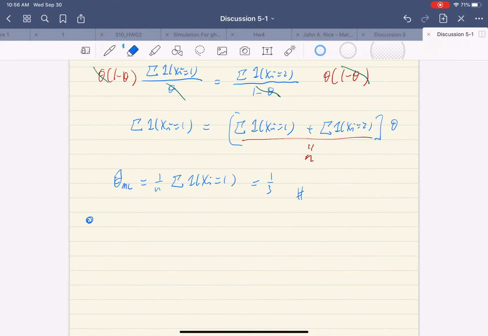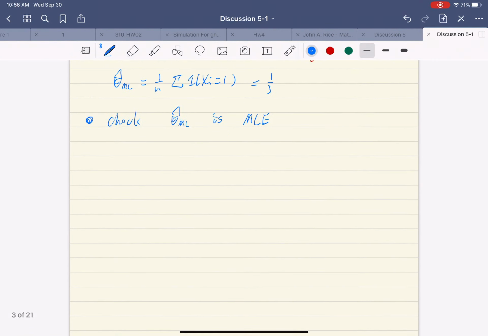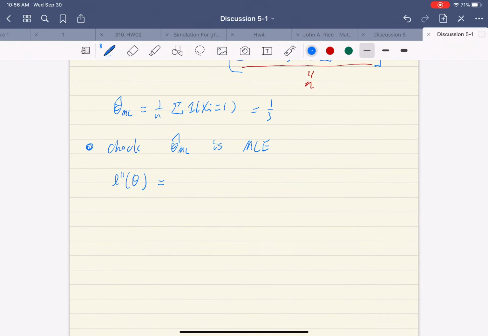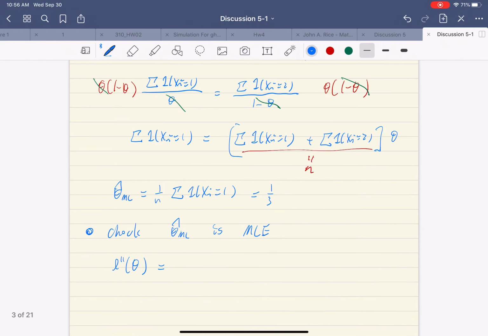And the next step, we have to check that this one is the MLE. The way we do this is to check the second derivative of the log likelihood function. So it's negative: negative of something over theta squared.